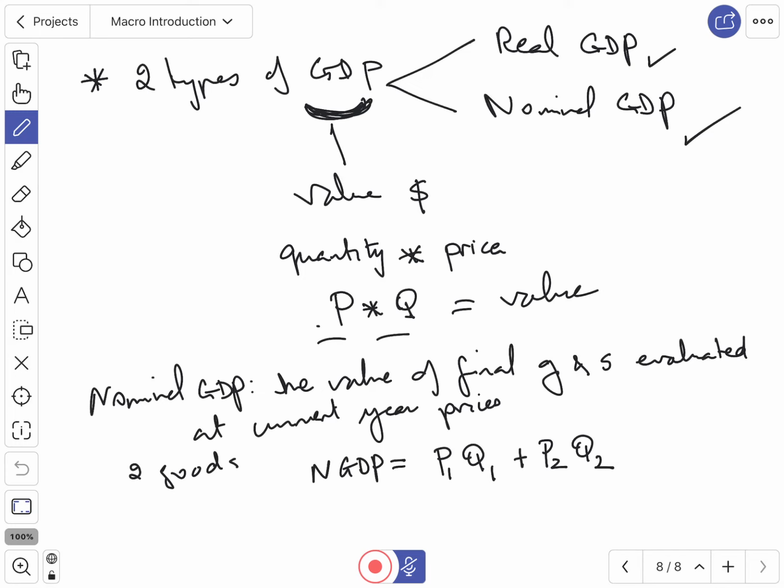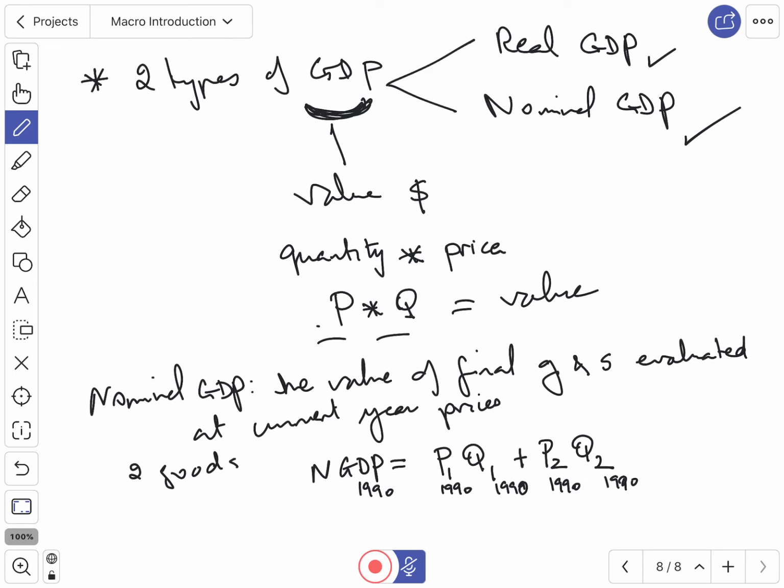I have to be in a specific year, right? So it's within a certain period of time, the computation of GDP. So let's say this is in 1990. So I have to make sure that I'm talking about the prices of 1990, and of course this is the quantity of 1990 and this is the quantity of 1990, right?